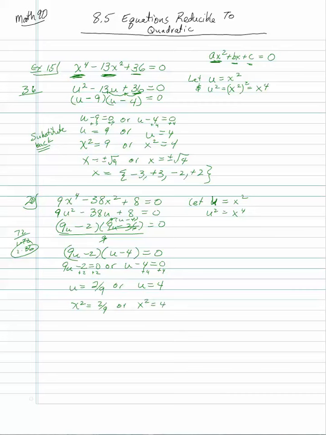And then we solve these using the square root principle. So x equals plus or minus square root of 2/9, which is plus or minus square root of 2 over 3. And plus or minus square root of 4, which is plus or minus 2. So again, we get 4 answers.